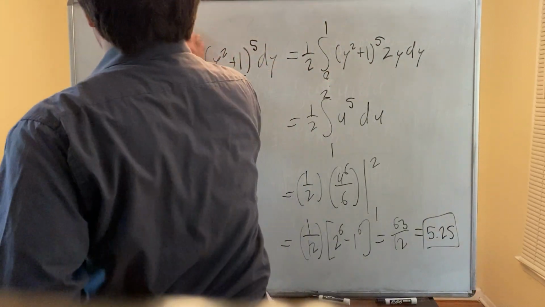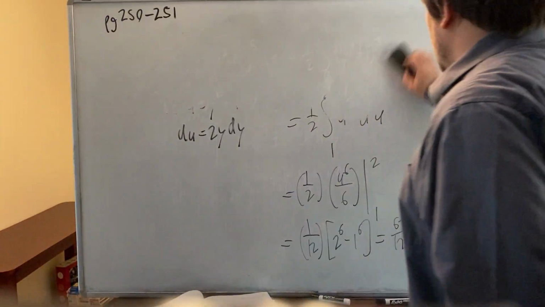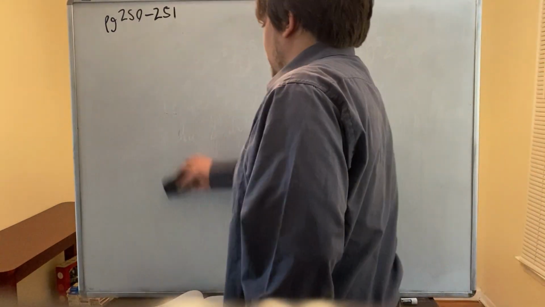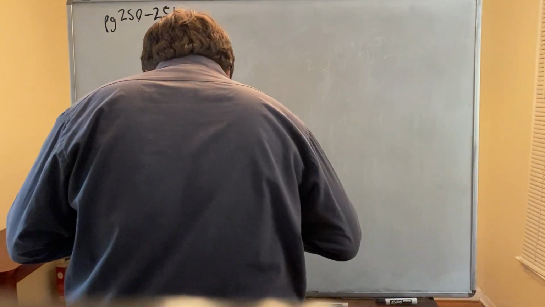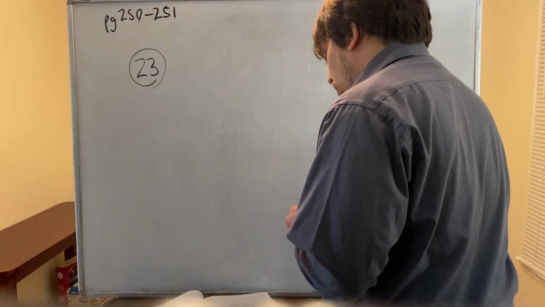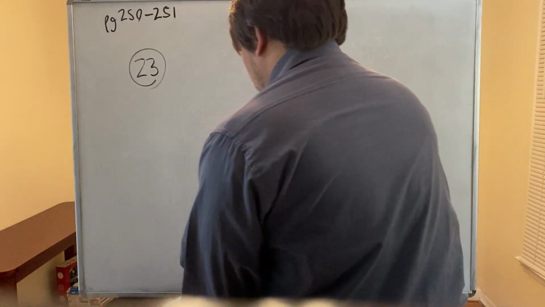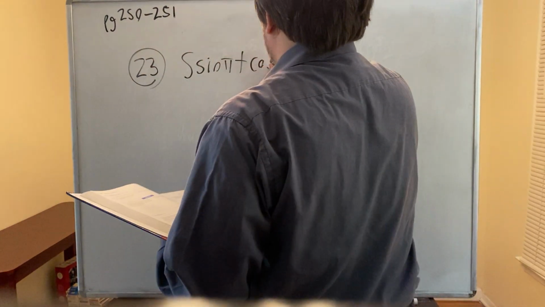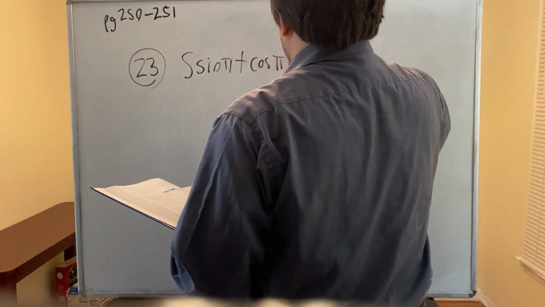Let's do another one. I think we have time for one more. Okay, so let's do number 23. For number 23, we find the integral of sine pi t cosine pi t dt.